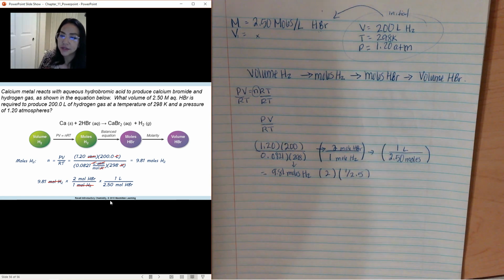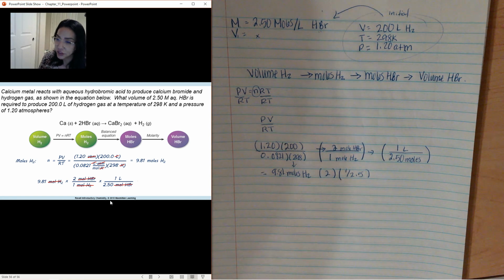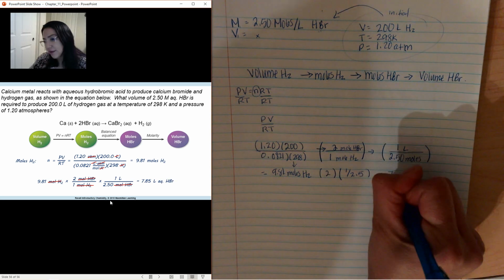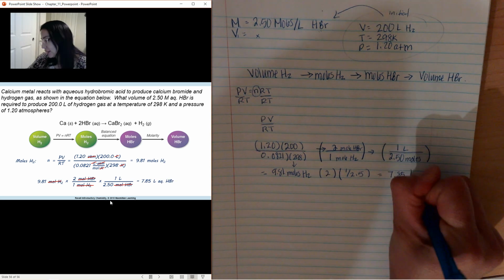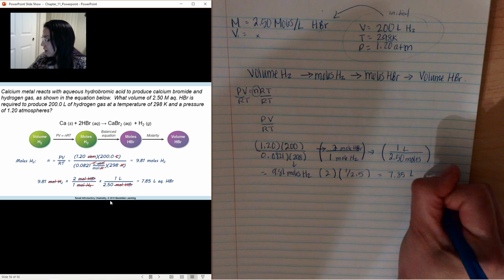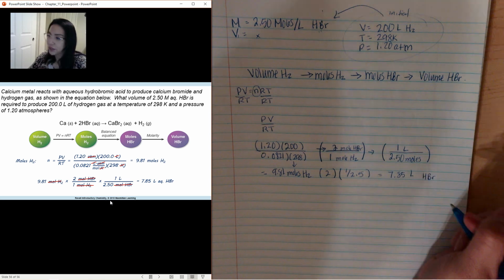That allows us to easily do our calculations, and we end up with the volume equal to 7.85 liters of our hydrobromic acid.